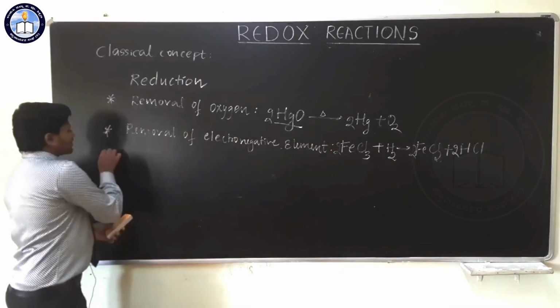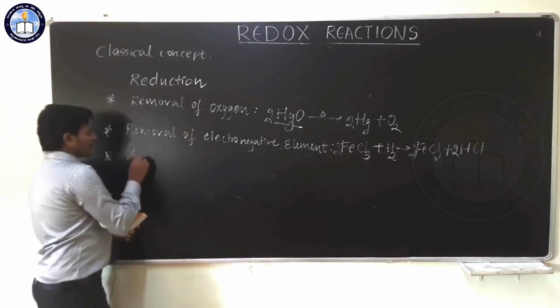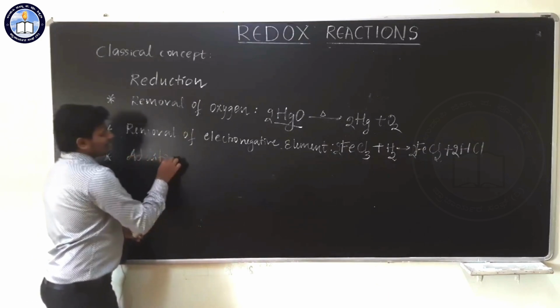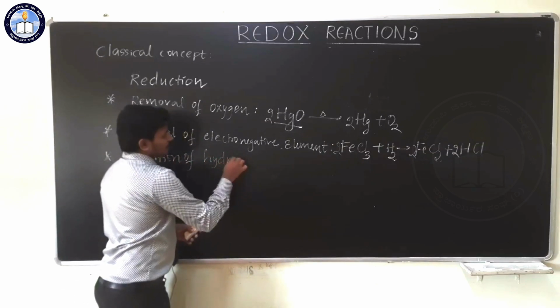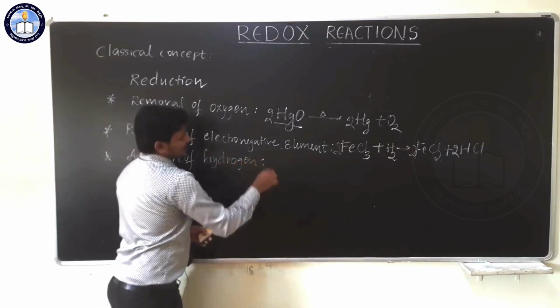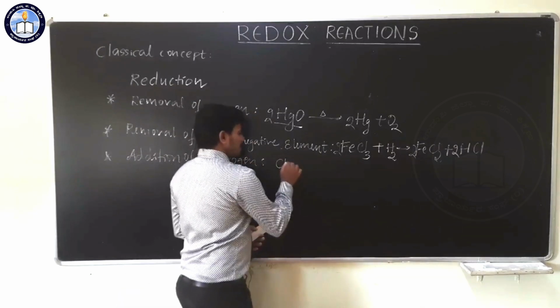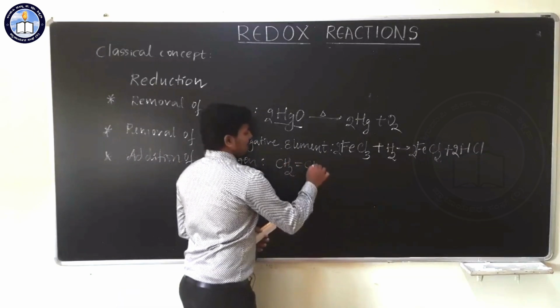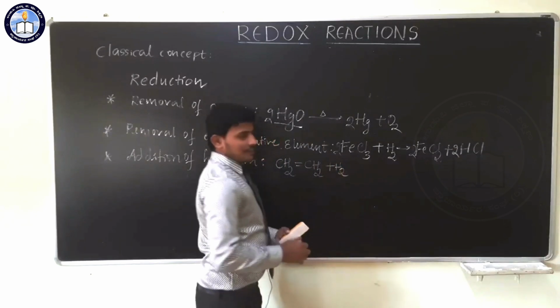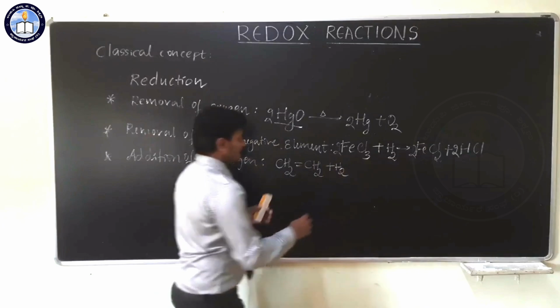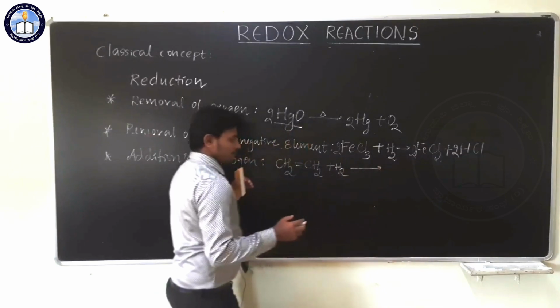Now, the third one, addition of hydrogen is known to be reduction. What is the example? CH2 double bond CH2 plus H2. We know that in presence of catalyst we are getting, what happens is very simple.